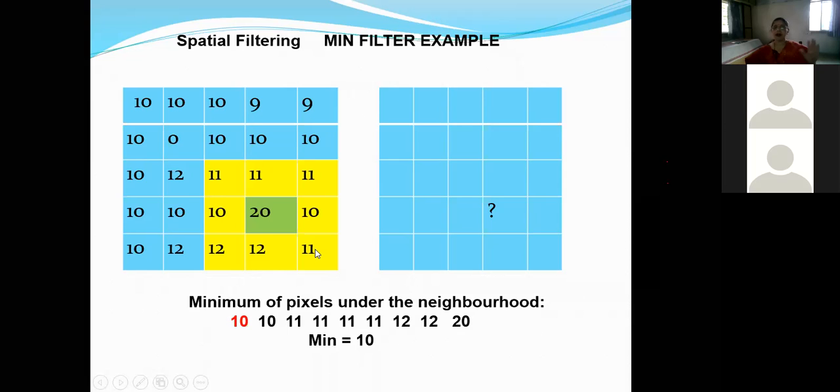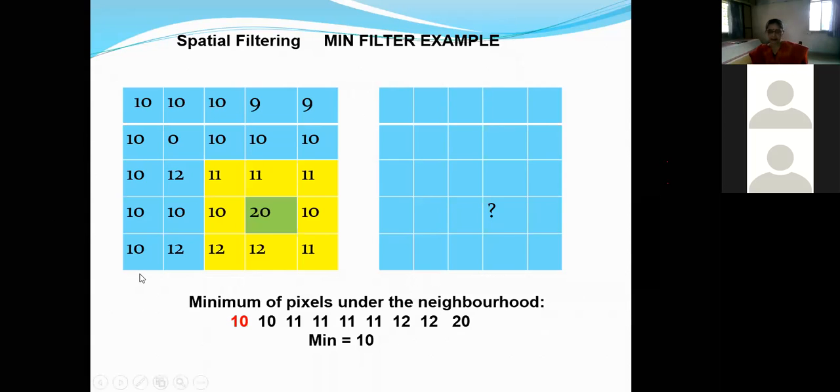Similarly, if I have an image which is corrupted by pepper noise or which is corrupted by low intensity spikes, whether you will go for minimum filter or maximum filter. Okay, very good, Sharan, Keshav, Mahek. We need maximum filter to remove those low intensity spikes.